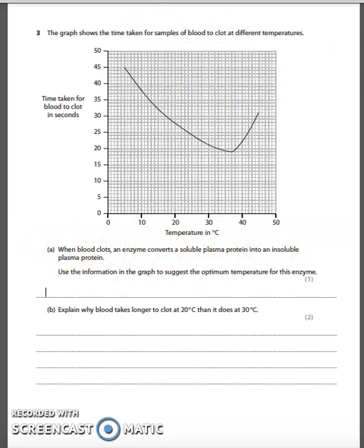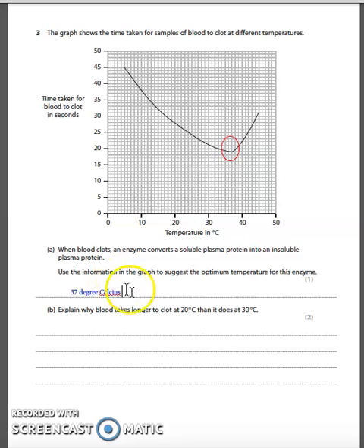So from the graph, you can see this is the part where the time taken is the shortest, specifically here, which is 37 degrees Celsius.